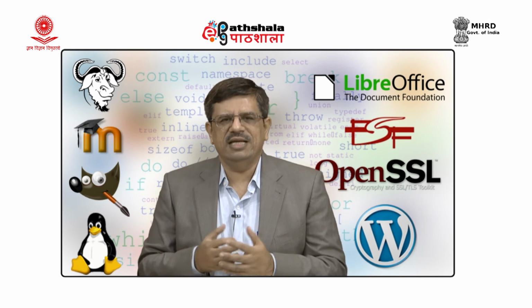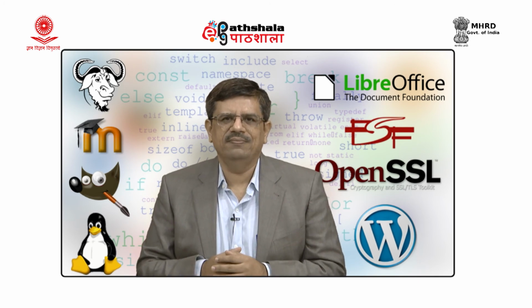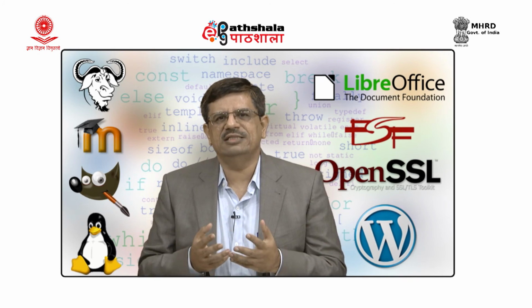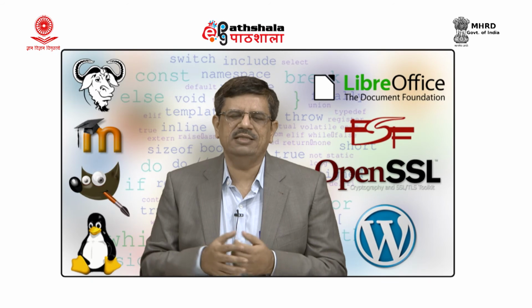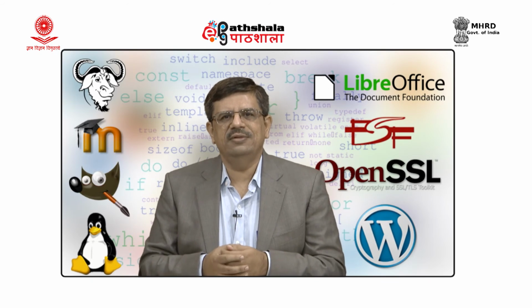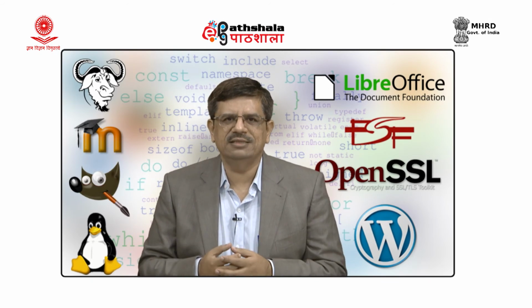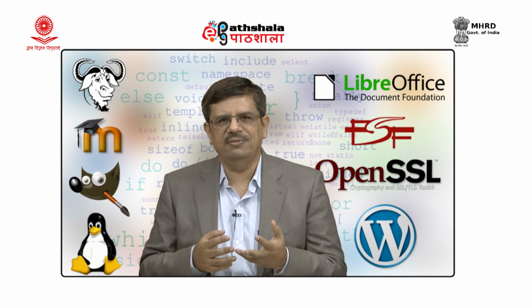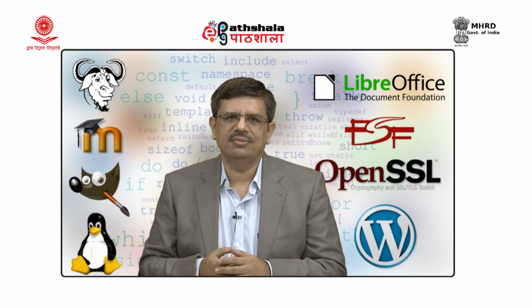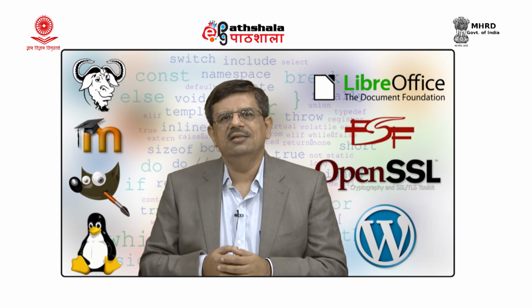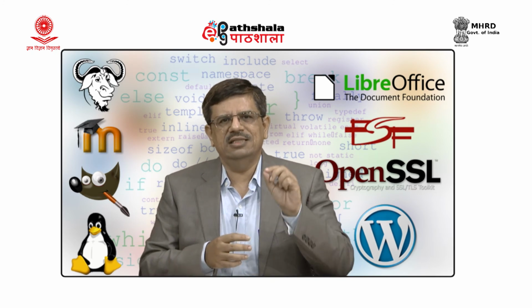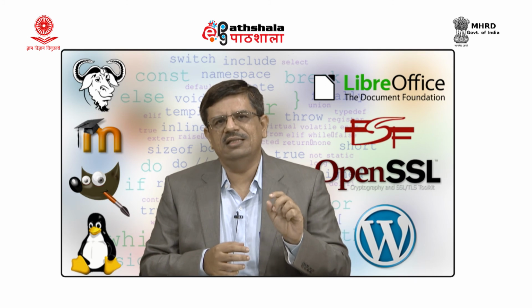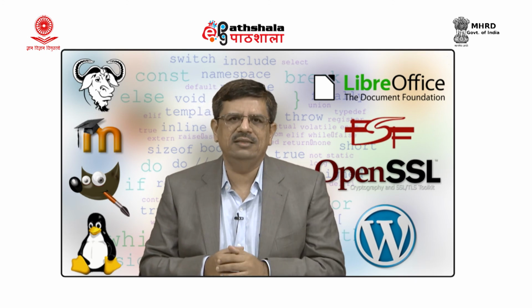Let us quickly summarize what we have learnt in this module. We started our discussion with interfaces, that there are two interfaces, command line and graphical user interface. Then we discussed different desktop environments, GNOME, KDE, XFCE, which are different environments provided with Linux. If a user wants GNOME, he can use the GNOME environment where the menu is at the top left corner.